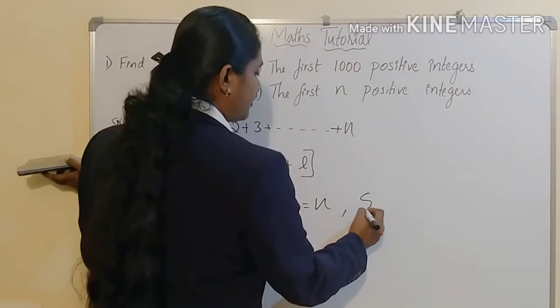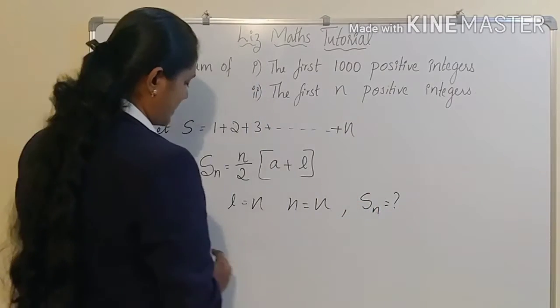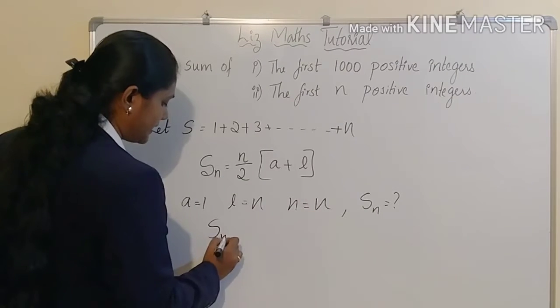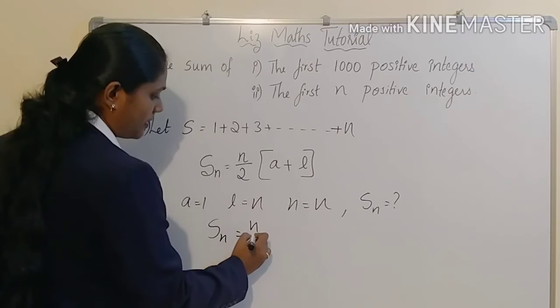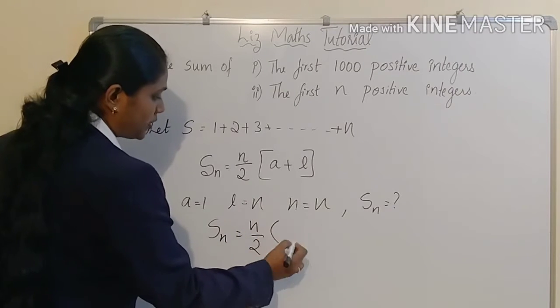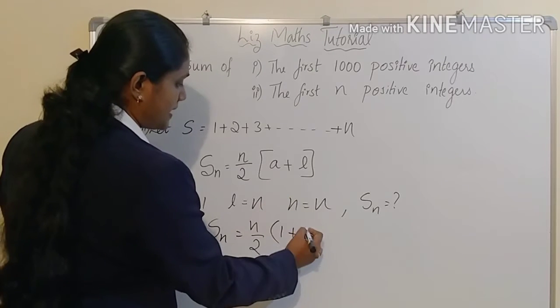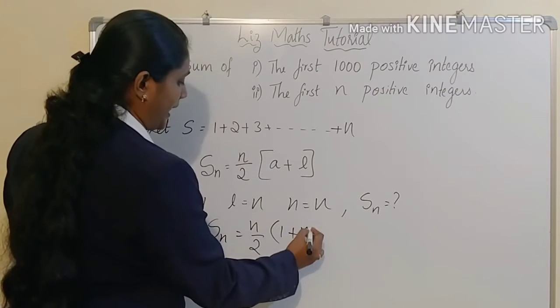And what you have to find out is Sn. So now n is equal to n itself. Sn is n divided by 2 into, and here a is 1 plus l, where l is equal to n.